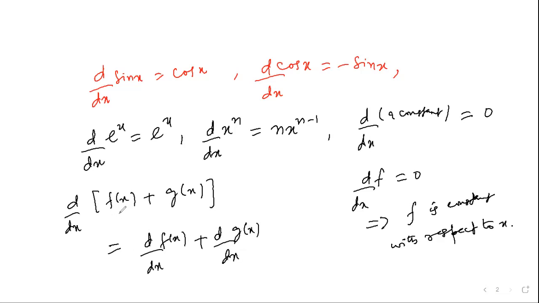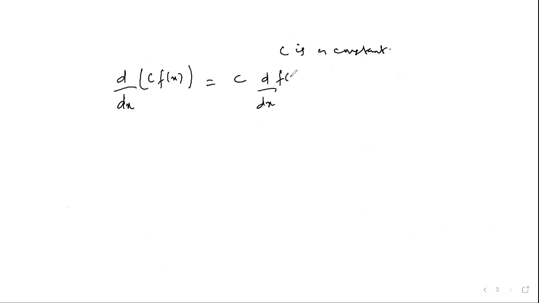And all these things you know, just revising. Also know if I have d by dx of c times f of x, c is some constant, you can take constant outside the derivative, you can write it c times d by dx of f of x, right?